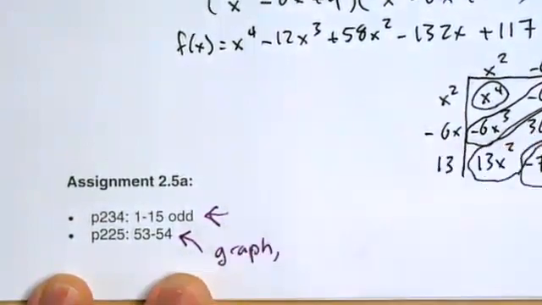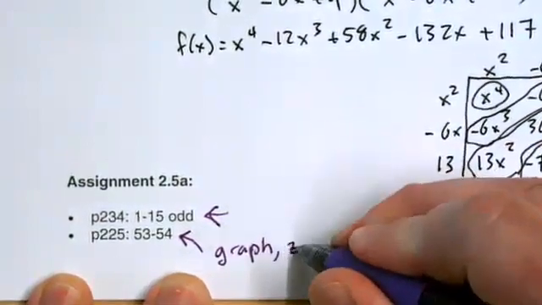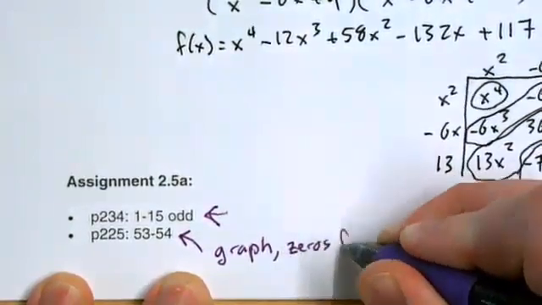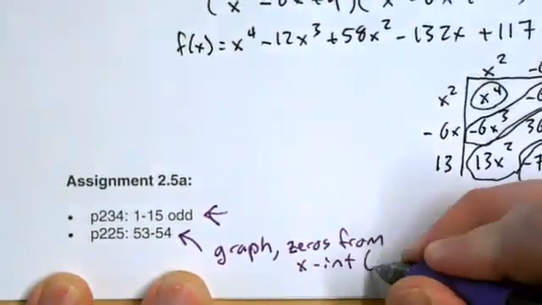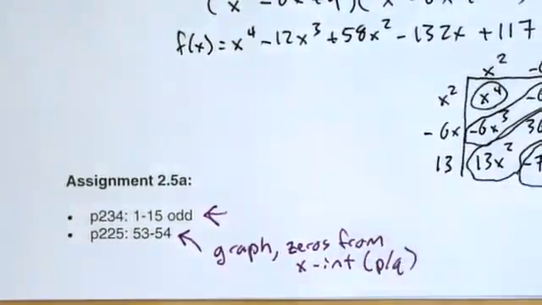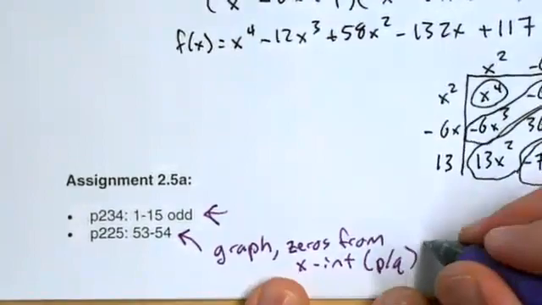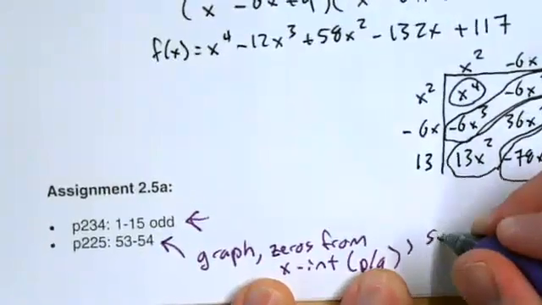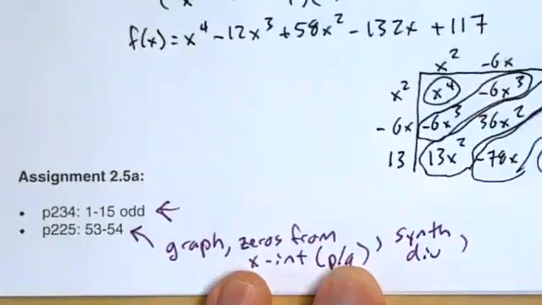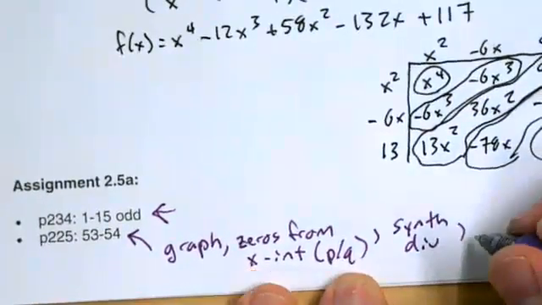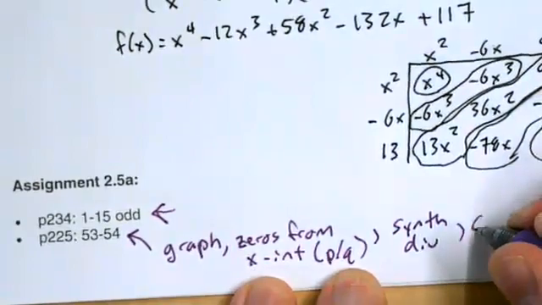You're going to find zeros from the graph, from your x-intercepts. And sometimes you're going to be using a P over Q list to help you with that. If you have any other remaining zeros, you're going to be using synthetic division. And then once you get it down to a quadratic, then you'll be using your quadratic formula.